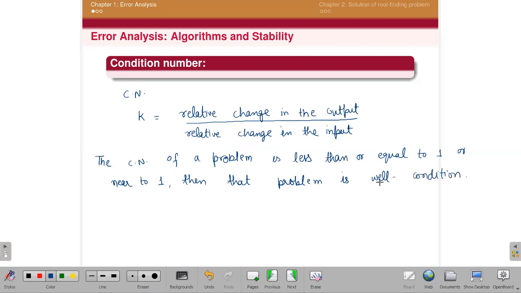Or you can say if the algorithm associated with that problem is stable, then the problem will be well conditioned. And if the condition number is far greater than 1, meaning far away from 1, then the problem is ill conditioned.